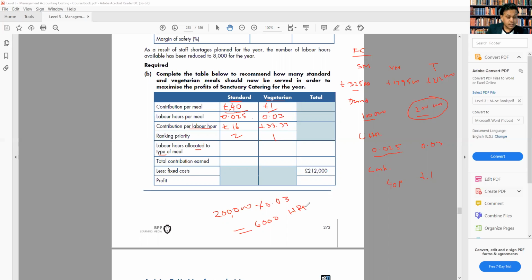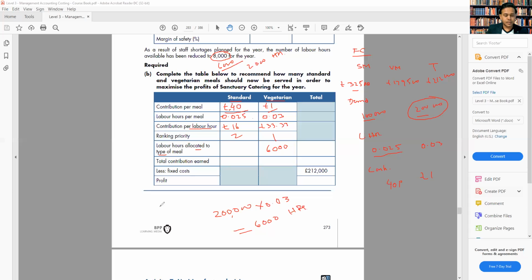So we need 6,000 hours for the vegetarian. And how many hours do we have in total? 8,000, isn't it? So if I already use 6,000 from the 8,000, how many hours do we have left? 2,000. So 2,000 is left for standard.